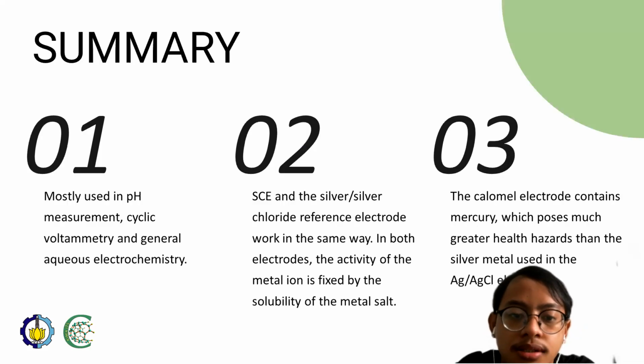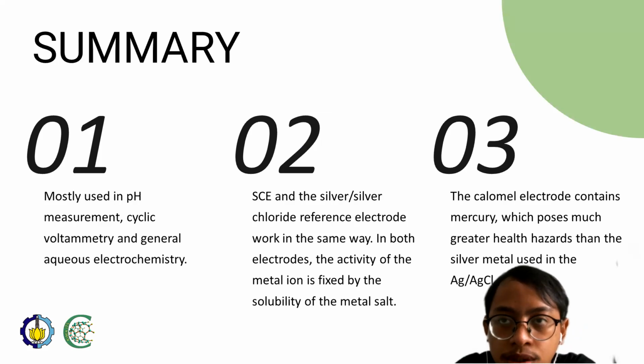So the summary is, first, these two reference electrodes are mostly used in pH measurements, cyclic voltammetry, and general analytical electrochemistry. Second, the SCE and the silver chloride reference electrode work in the same way.